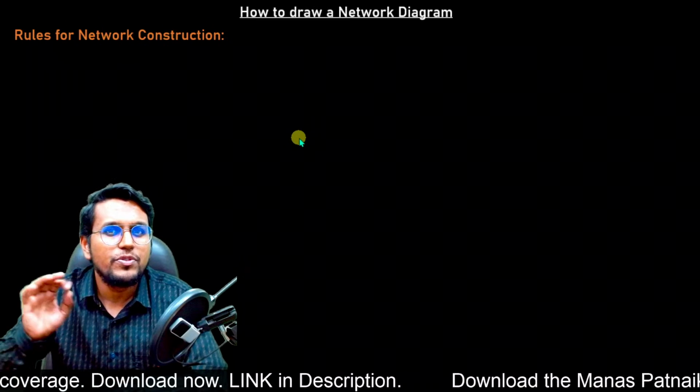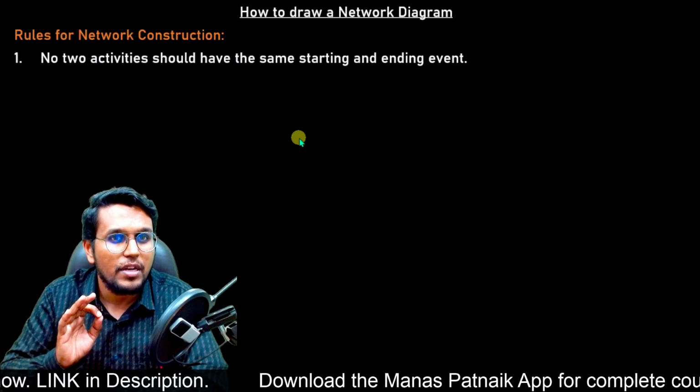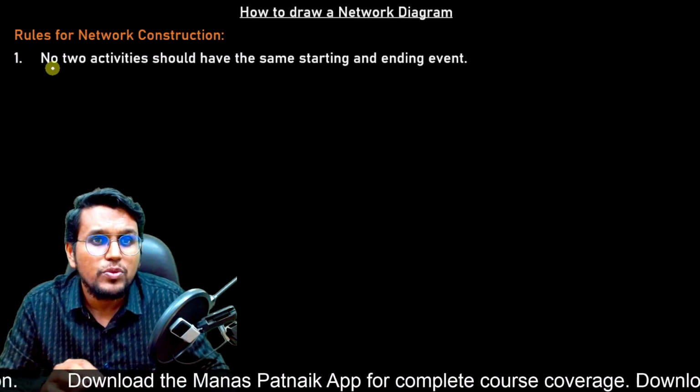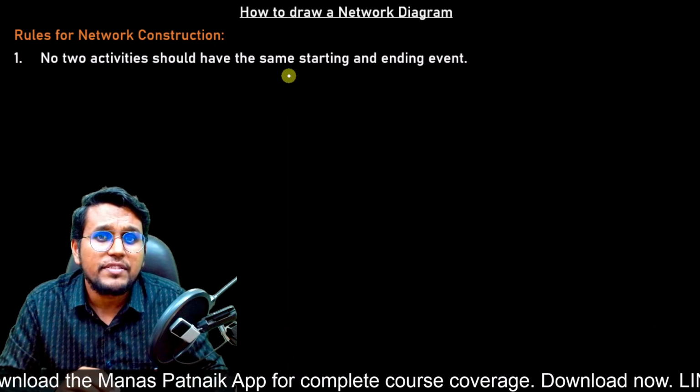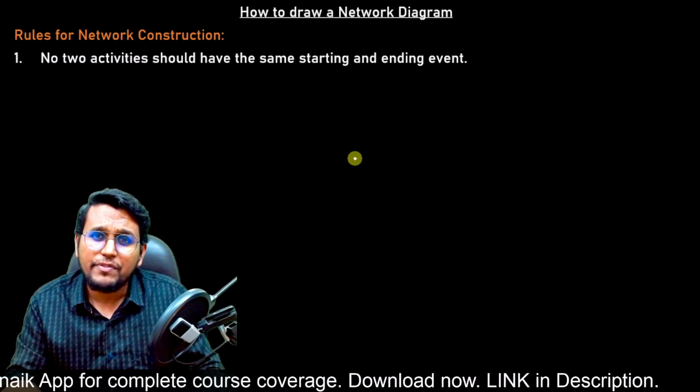Let us read those rules first, and then we'll come back and see how it is done. So the first thing is that no two activities should have the same starting and ending event. This is a very straightforward thing.